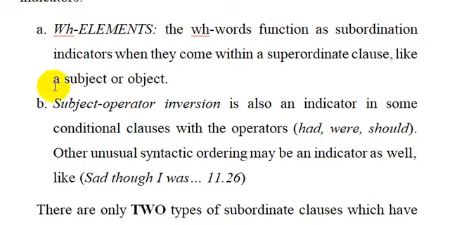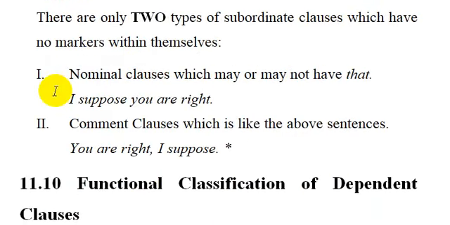Okay? Now, there are only two types of subordinate clauses which have no markers within themselves. Only two types. Please pay attention to this. As we have said, we have subordinate clauses and superordinate clauses.